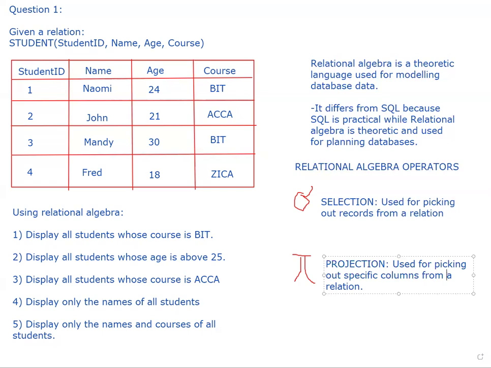So you have selection, which is used for picking out specific records. In the questions there, you can see the first question says display all students whose course is BIT. So obviously you're looking for records, and these records specifically should contain BIT as the course.